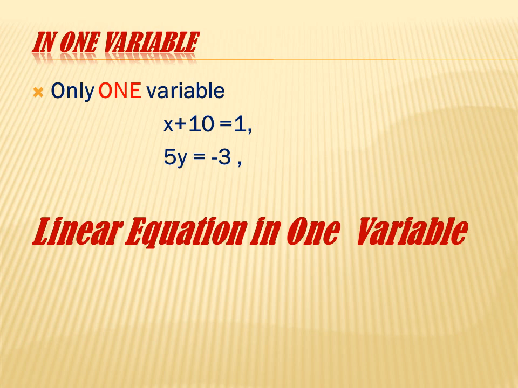So this will lead to linear equation in one variable, where the equation is linear, means highest power is 1, and variable used will be only 1. So let's have some example. Again we have x minus 2 is equal to 7, and x by 3 plus 1 is equal to 7 by 15. These two are the example of linear equations in one variable.